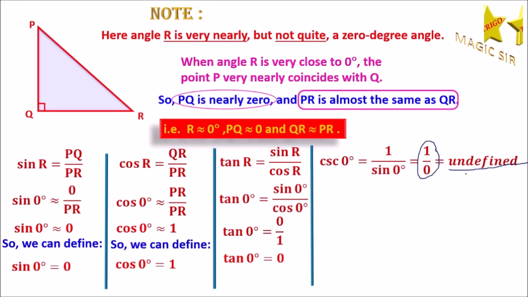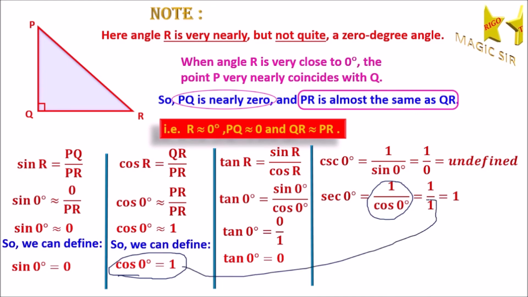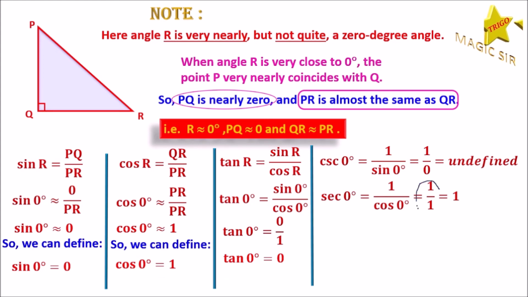So we write cosec 0 degree is equal to undefined. Now sec 0 degree is the reciprocal of cos 0 degree. So sec 0 degree is equal to 1 upon cos 0 degree. We put cos 0 degree equal to 1. So sec 0 degree is equal to 1 upon 1. Therefore, sec 0 degree is equal to 1.